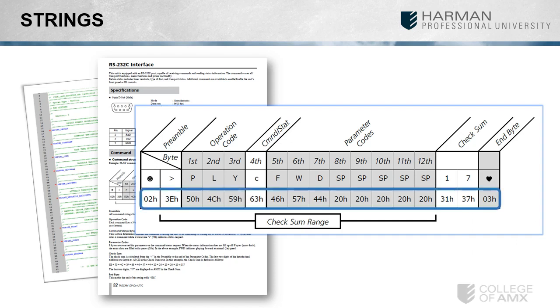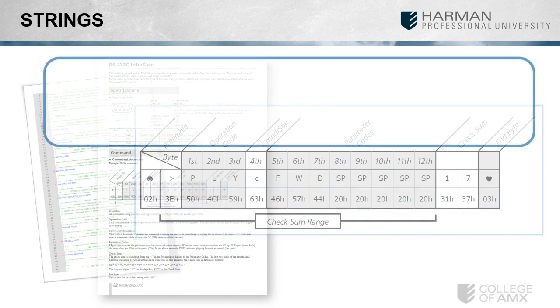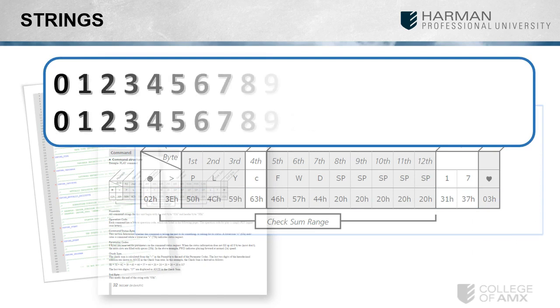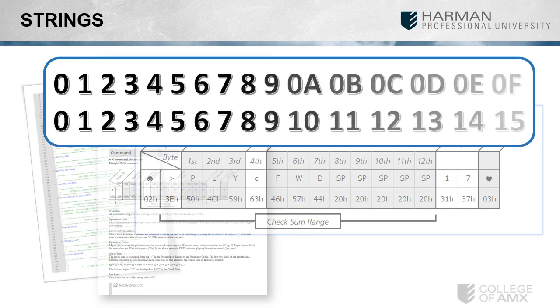The second is called hexadecimal. Hexadecimal, or hex, is a numeric system with a base of 16. It uses 16 distinct symbols. The symbols are 0 to 9 to represent the values 0 to 9, and A, B, C, D, E, and F to represent values 10 to 15.